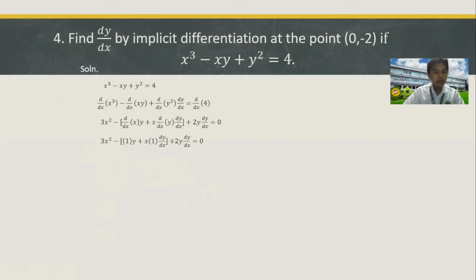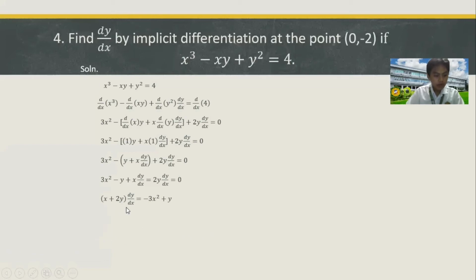So, 3x squared minus y plus x dy over dx plus 2y dy over dx is equal to 0. We put dy over dx because according to its meaning, we write dy over dx to all terms containing that it is derived. So factor out dy over dx and then transpose the non-dy over dx terms to the right side.